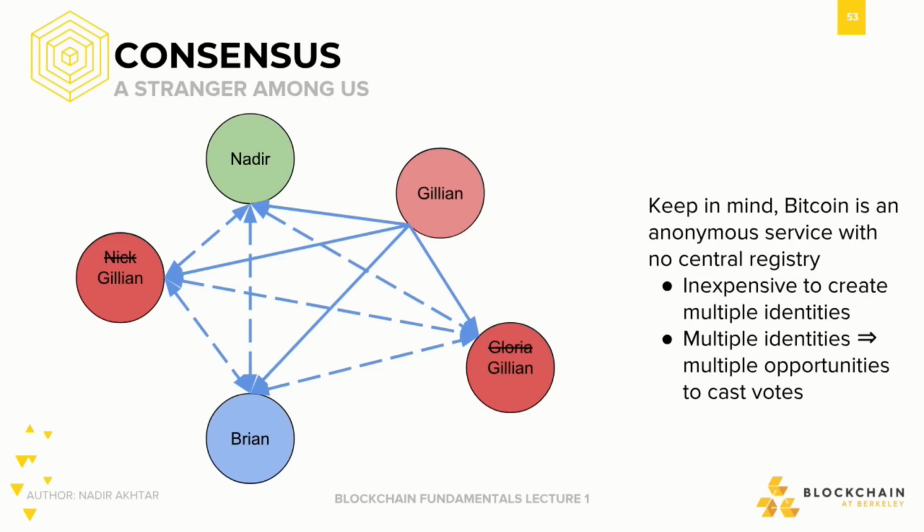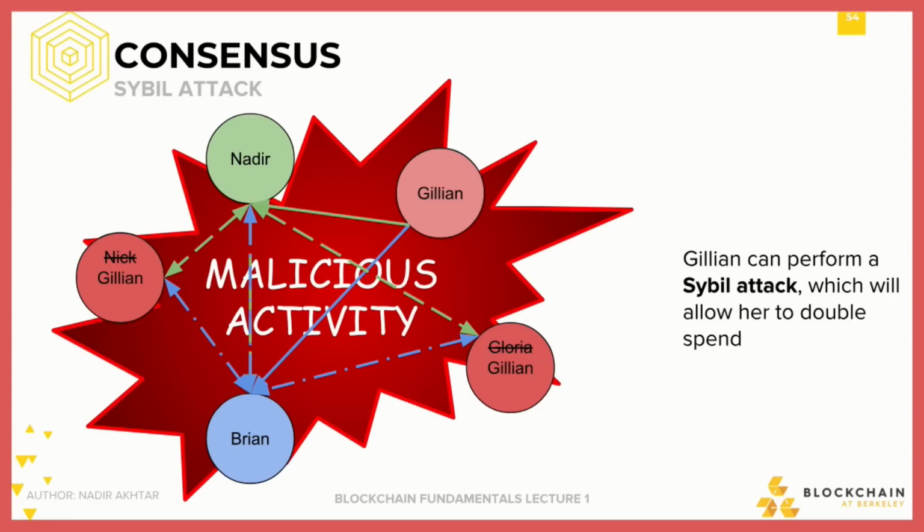So let's say she makes that many accounts and she votes with all of them. Then she can outvote us. And she's like, screw you guys, I can spend as much money as I want. I can double spend, triple spend, quadruple spend, right? So what's to stop her from doing this? This is called a Sybil attack, where someone makes a lot of multiple identities to do some kind of malicious activity.